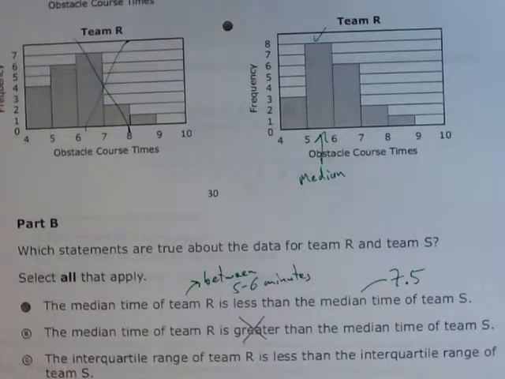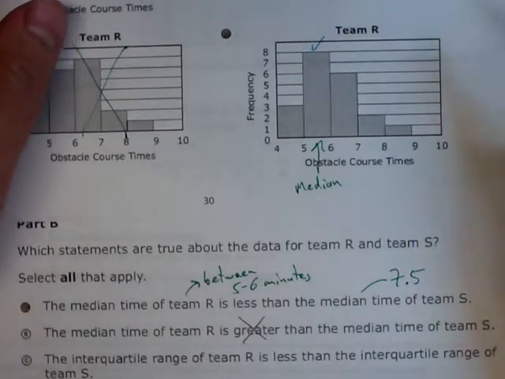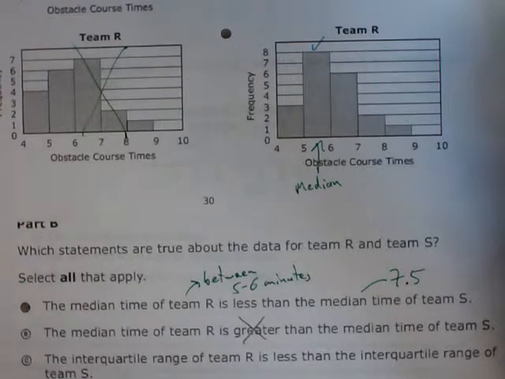The interquartile range of team R is less than the interquartile range of team S. Yikes. I might have to make myself a box plot for this. Is there an easy way to find the interquartile range? Well, let's see if we can estimate it from the histogram. There's 20 data points, which means that each quartile is 5.